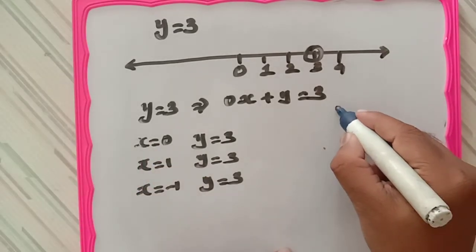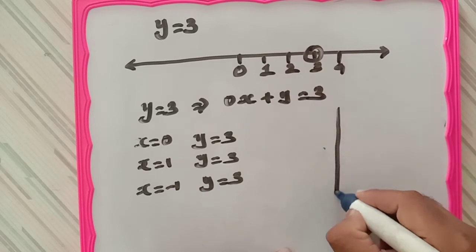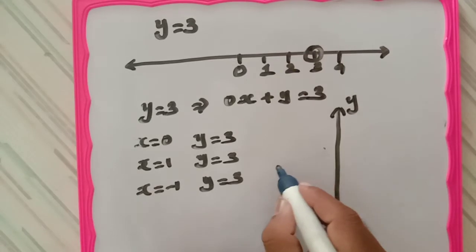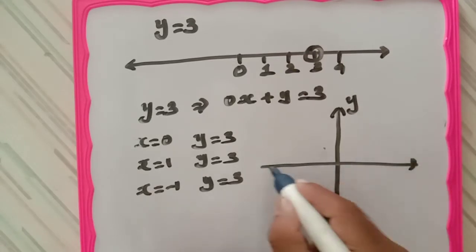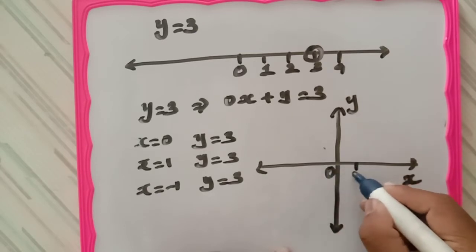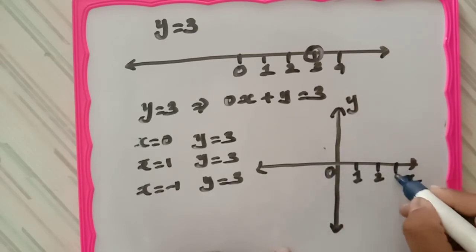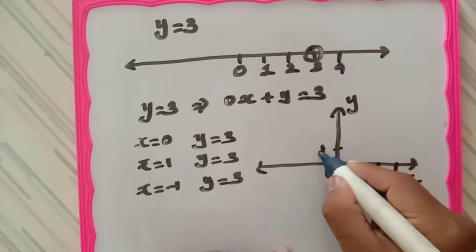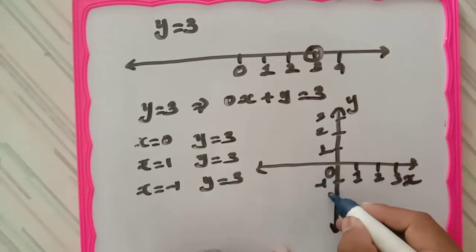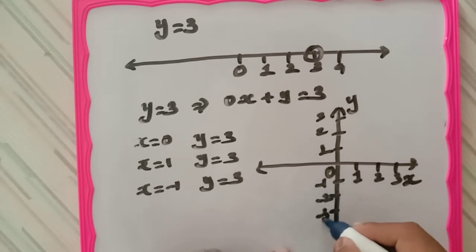So we represent this graph on paper. The vertical line we write as the y-axis, the horizontal line as the x-axis, with 0, 1, 2, 3 and here minus 1, minus 2, minus 3.